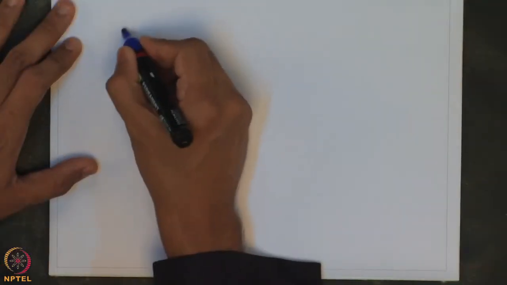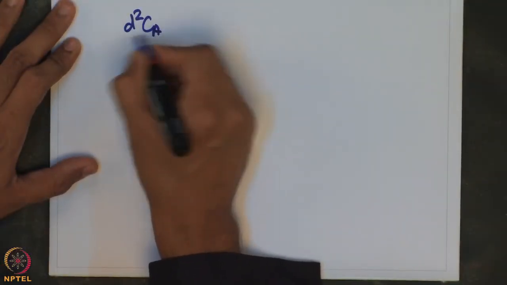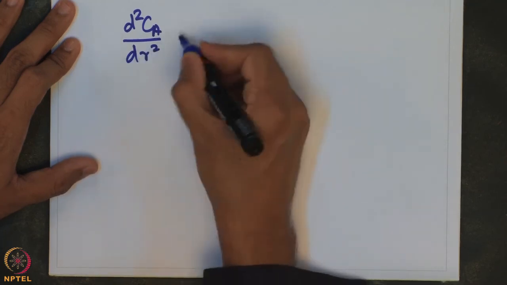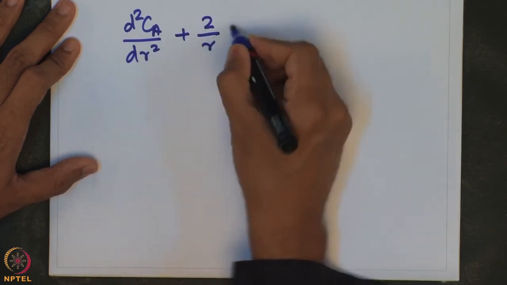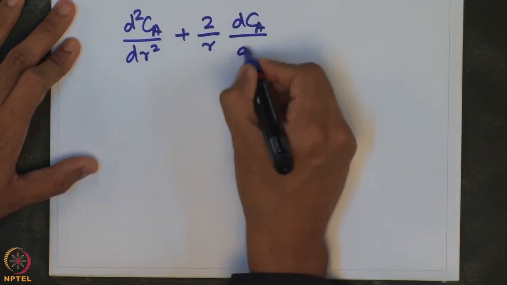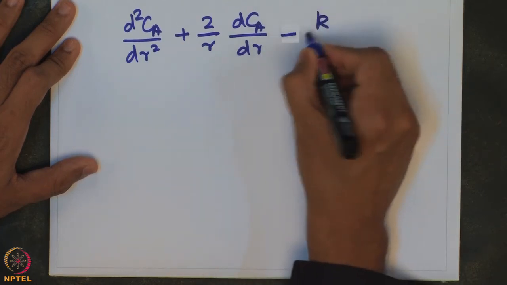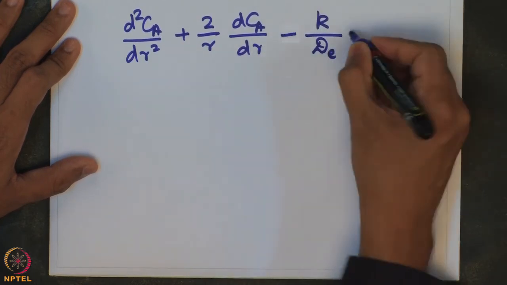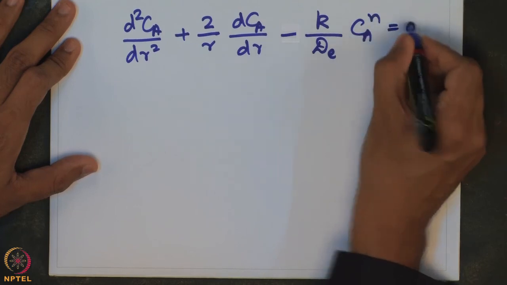So, let us summarize what we have looked at in this lecture. We have written the mole balance, and the mole balance which captures the internal diffusion is given by d square Ca by dr square plus 2 by r dCa by dr minus k divided by dE into Ca to the power of n equal to 0.